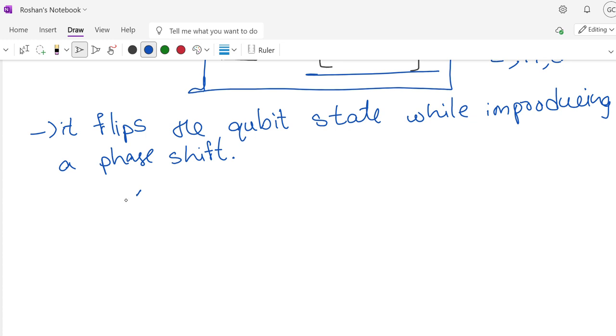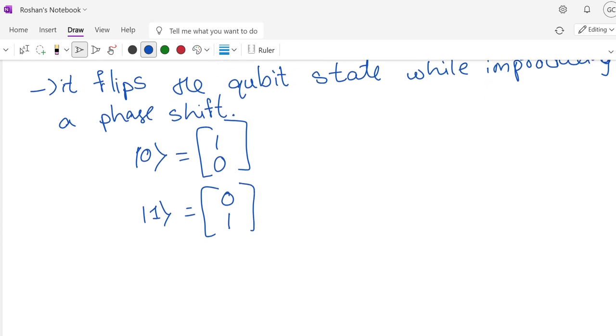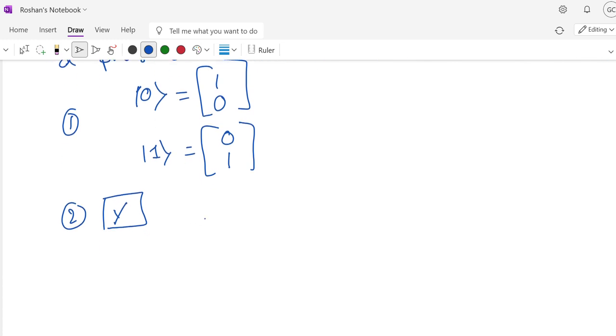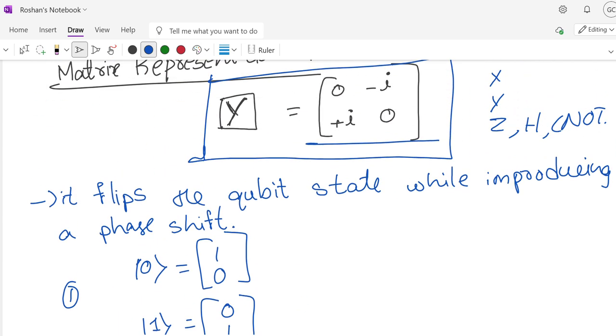We know how qubit 0 is represented, 1 0, and how 1 is represented, 0 1. So this is your input. Now you need to apply the Y gate on these inputs. So Y|0>. What is the Y representation in matrix? It is here.